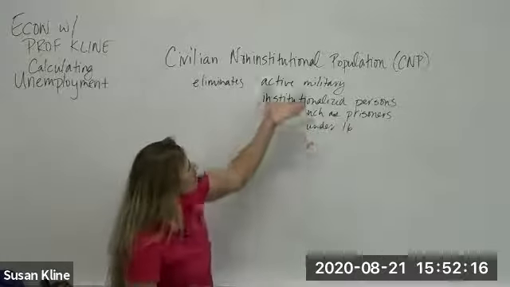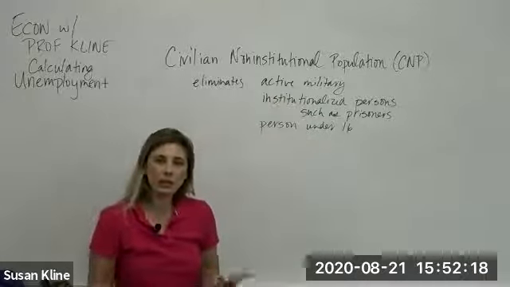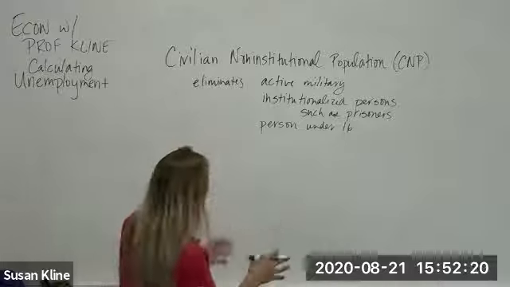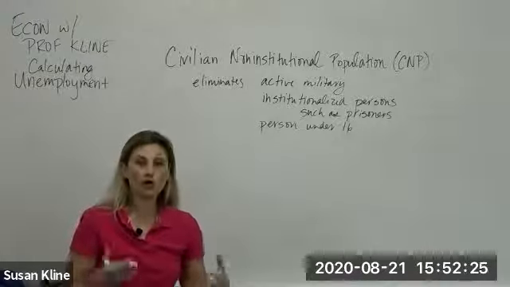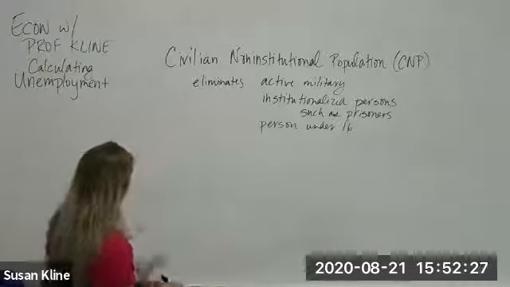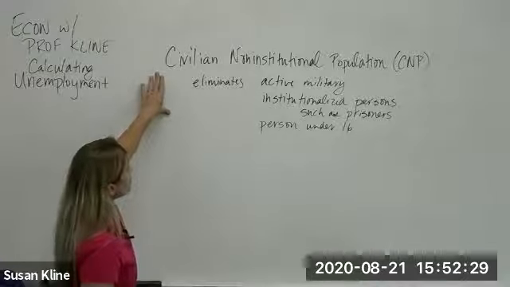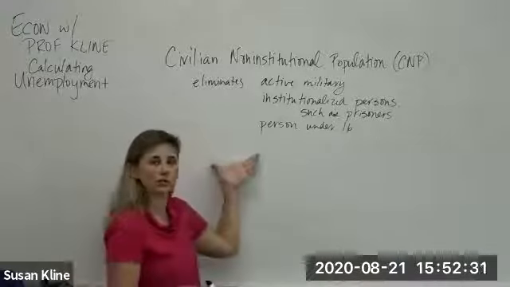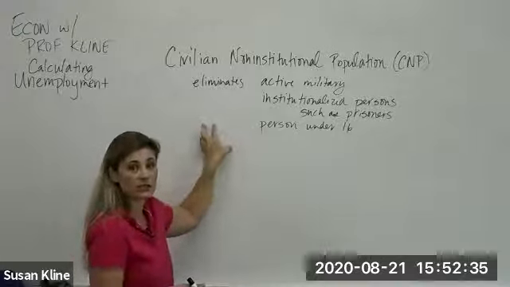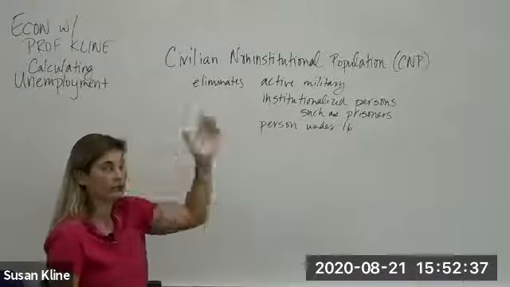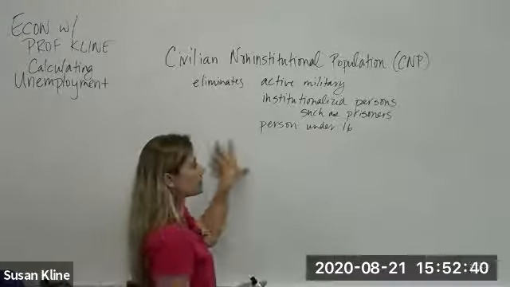So because you aren't able to separate like you can in a typical job, we classify these differently and we don't really feel like it's representative of the overall labor market. All right, so the civilian non-institutional population takes the total population of the United States and eliminates these from our calculation. So you're going to see that we are going to start with a number that is much smaller than the total population of the US.